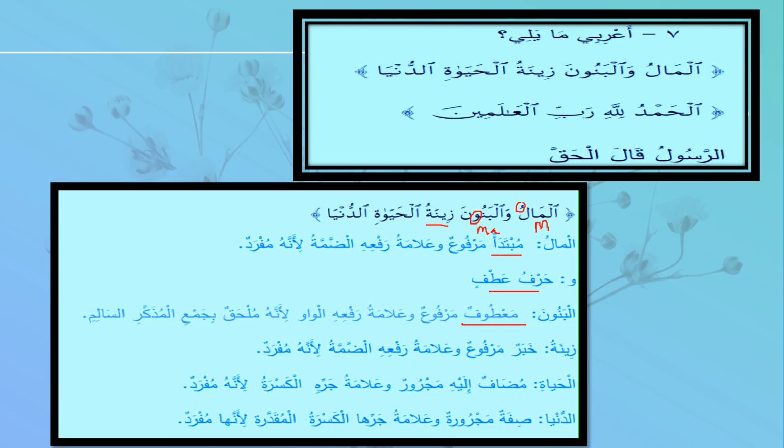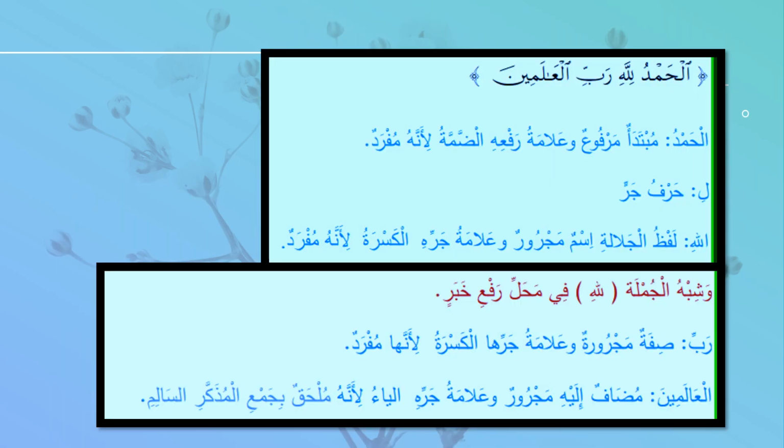And zinatu is khabar, and it's with the dhamma, so it's clearly showing the rafa case. Hayati is mudaf ilayhi to zina, and ad-dunya is sifa for hayat. It's having an alif long vowel, so the haraka cannot be shown, so it's kasra muqaddara.